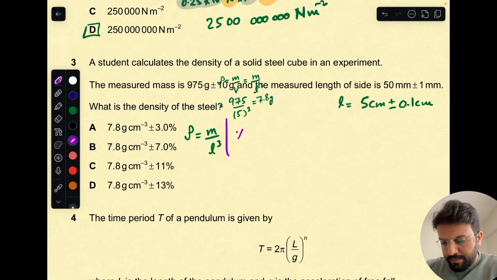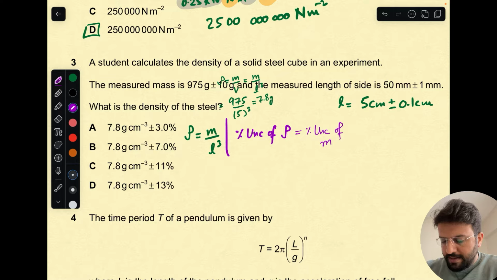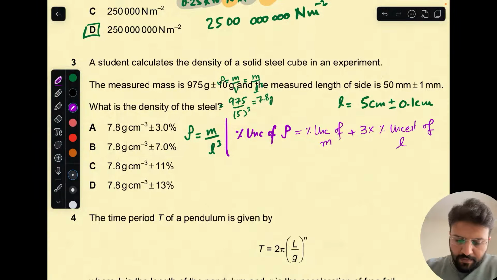The percentage uncertainty of density will be equal to the percentage uncertainty of mass plus 3 multiplied by the percentage uncertainty of L. Why have we multiplied this with 3?